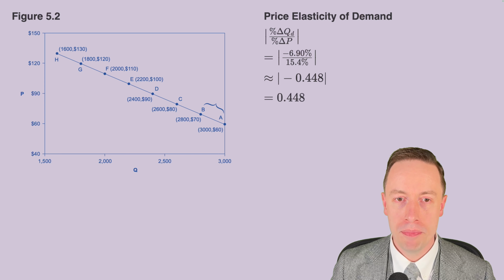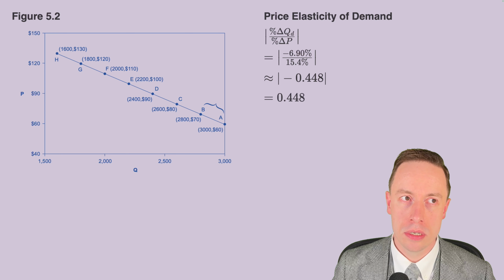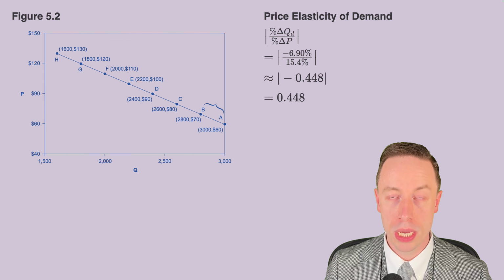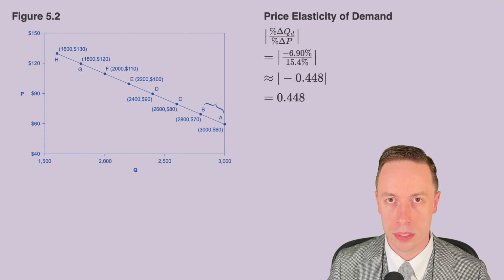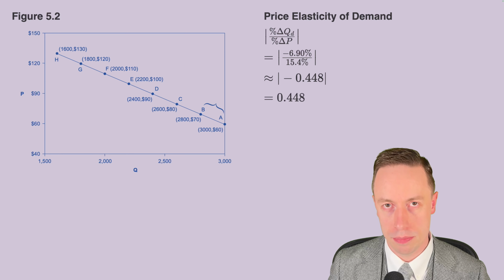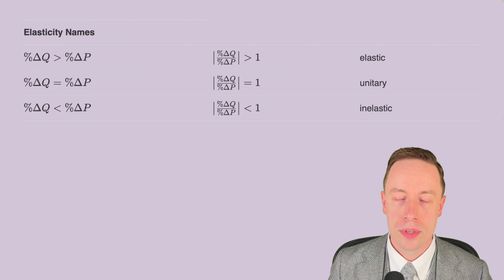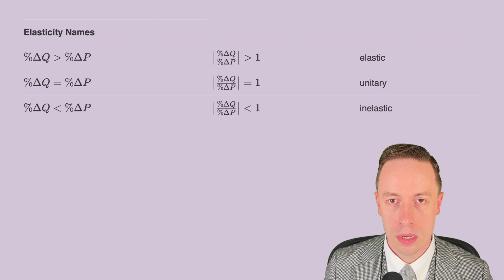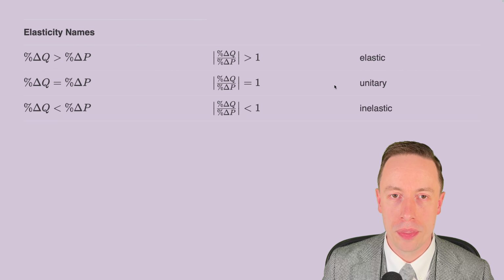But for now, let me just allow you to categorize this a little bit, put it in perspective. So we got a number, a unitless decimal number. What does this thing mean? In general, we categorize our price elasticities of demand into three major buckets, and they all revolve around the number 1.